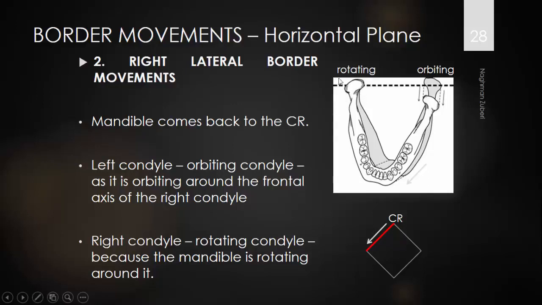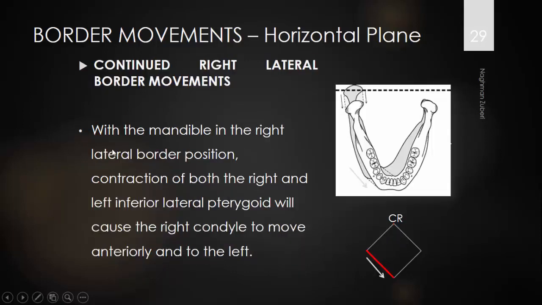Previously it was here, now this is the right lateral border movement. And then continued right lateral border movement: with the mandible in the right lateral border position, contraction of both the right and left inferior lateral pterygoid will cause the left condyle to move anteriorly and to the right.